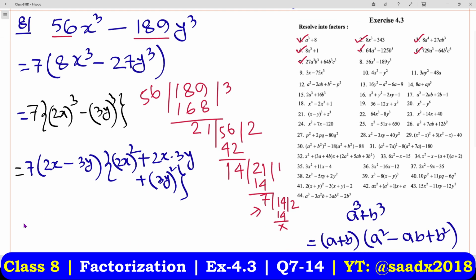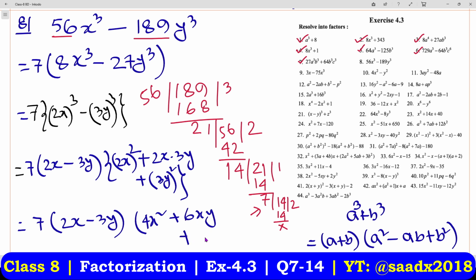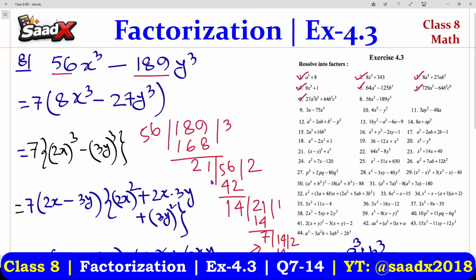Okay, so what will be the result? 7(2x − 3y)(4x² + 6xy + 9y²), 2 times 3 is 6. This is our result.